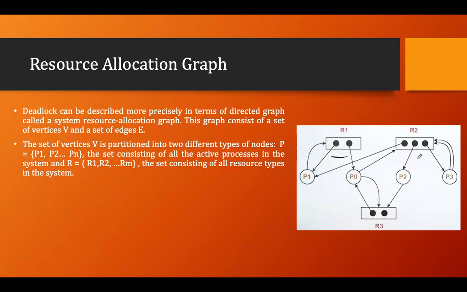Getting it? Now at the same time, if you see R2, one instance is already given to P3 and one instance already given to P2. But P3 requires two more instances of R1 and P2 requires one instance of R3.